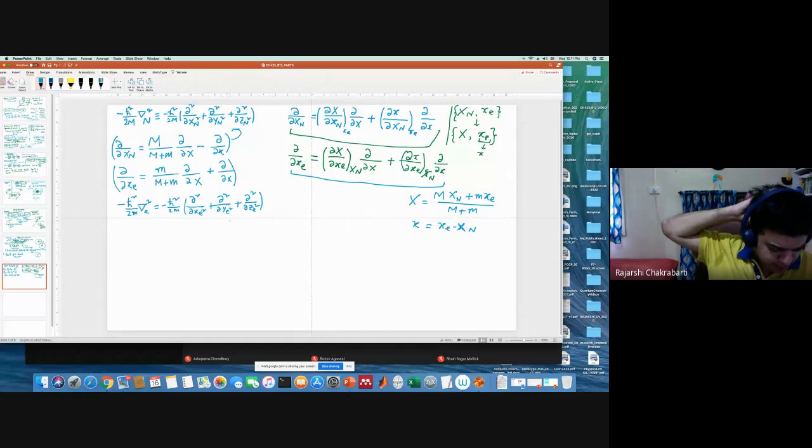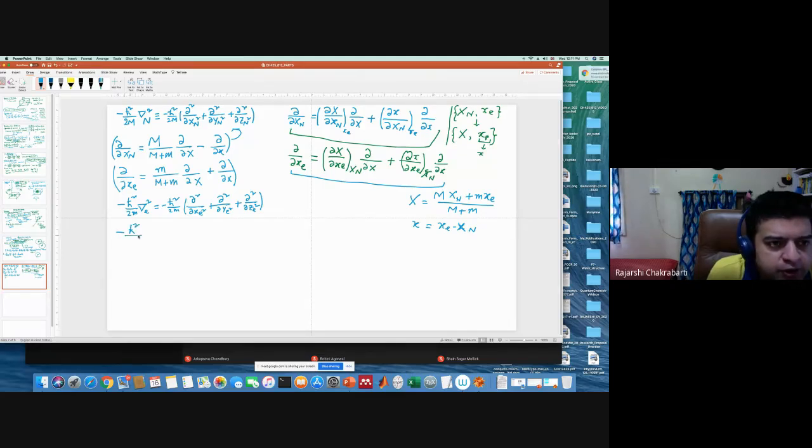Maybe I'll do this one, because the next one I'm not going to do now. So let us just do one term. The first term is going to be h cross squared by twice m into the square of this, isn't it?